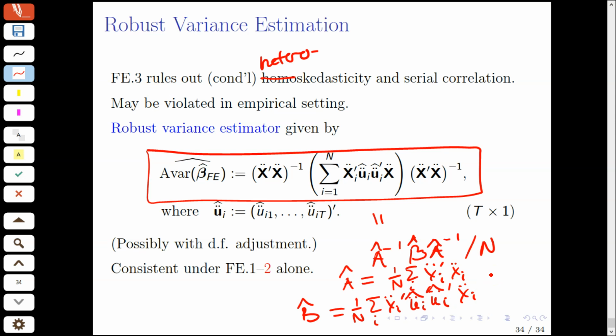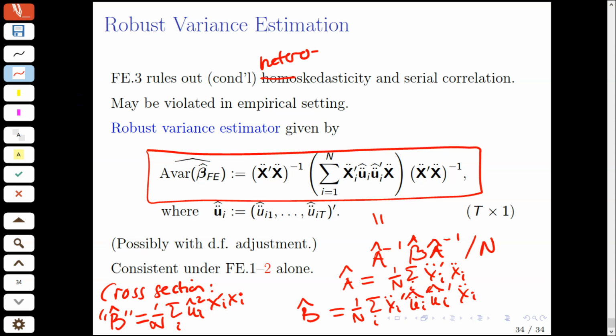Now note here again that in the cross-section, the corresponding B hat in the robust variance covariance estimator would be the average of the squared residuals multiplied by the outer product of the regressors.